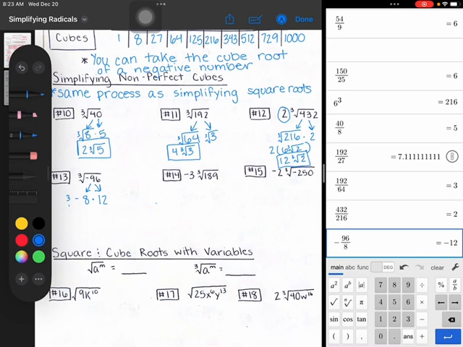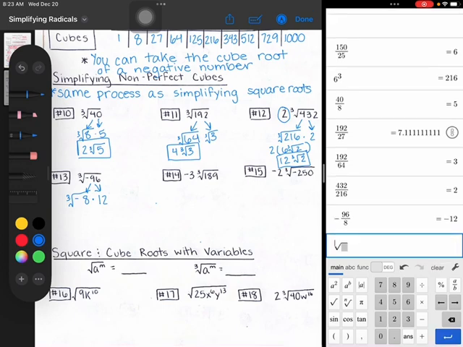Because when I take the cube root of negative 2, and I can show you on Desmos, so if we're going to do the cube root of negative 8, that's going to give me negative 2. Because we're multiplying 3 times, it doesn't give me an imaginary number. So I get negative 2 cube root 12.